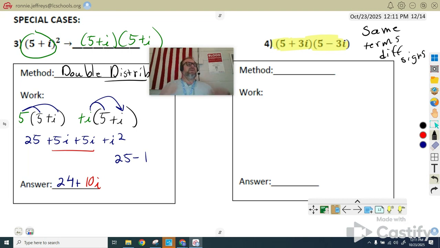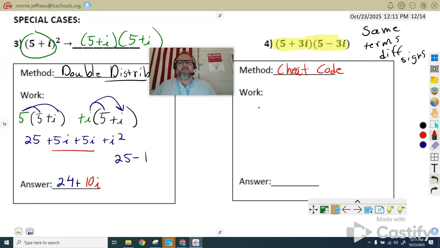That's very similar to what we had yesterday when we were doing the conjugate. We could say the dots method, or we could just say cheat code. This only works when it's the same terms, different signs.